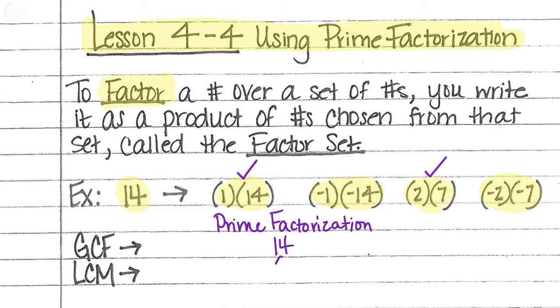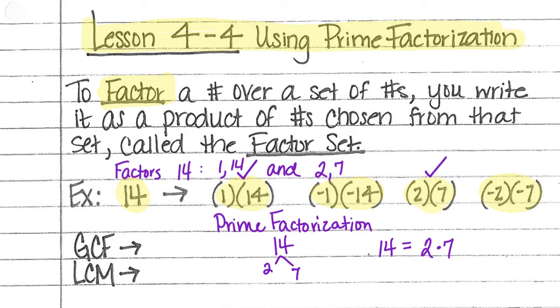If I break down 14, I could break it down as 2 and 7, and that's it. So the prime factorization of 14 is 2 times 7, while the factors of 14 are 1 and 14 and 2 and 7. So please don't get them mixed up.